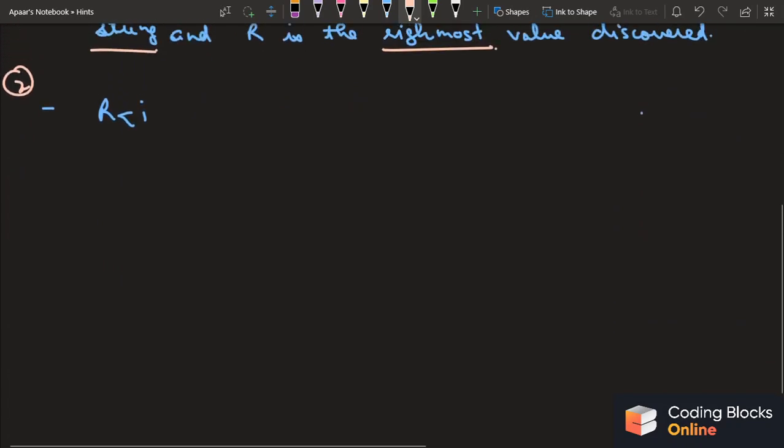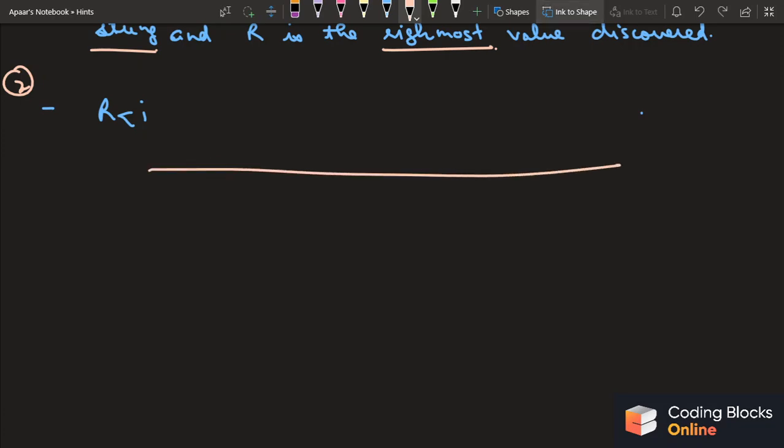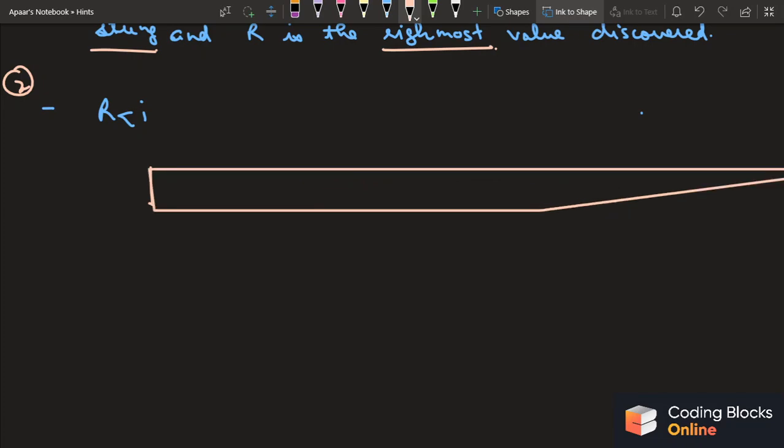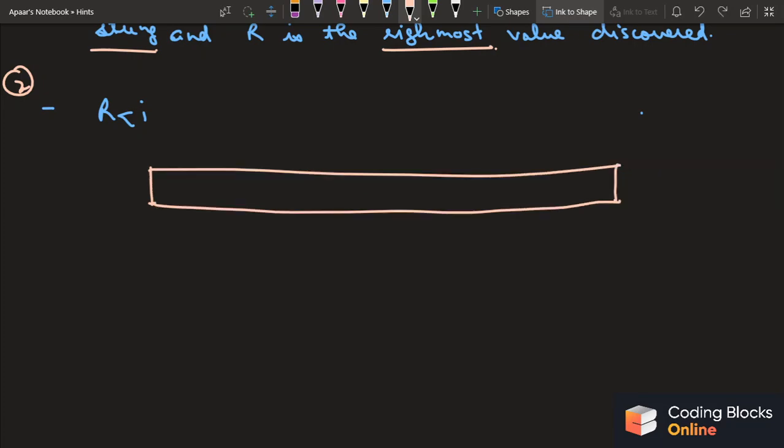So let's say I have a string and this is the whole string. Let's say L was over here and R was over here only, and my I is over here.